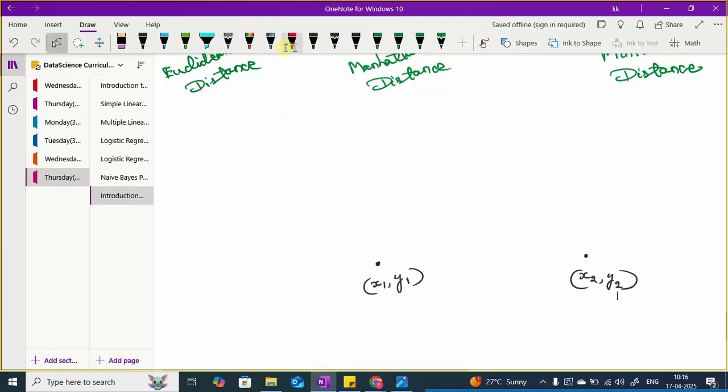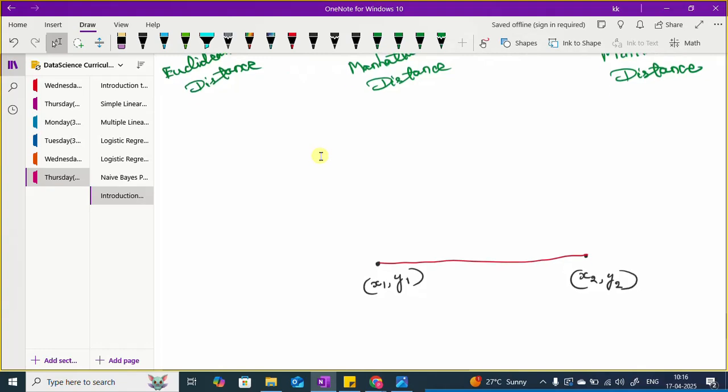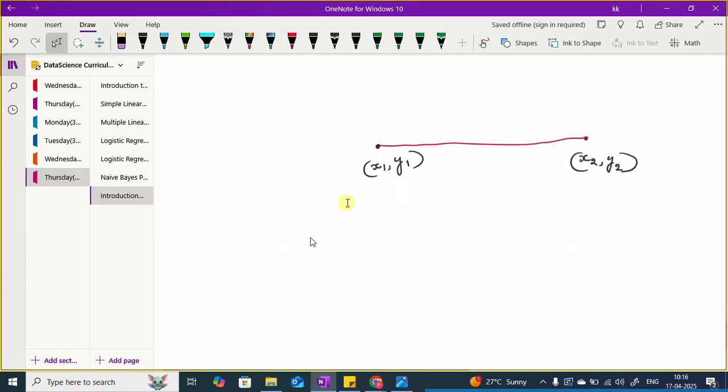If I try to measure the distance between these two data points, there is a very simple formula that we know from childhood. Let me write it down. Distance is equal to the square root of (x1 minus x2) squared plus (y1 minus y2) squared.